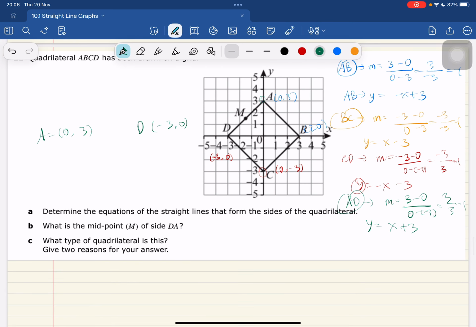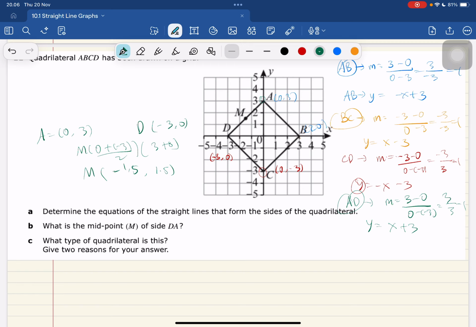So we'll find the midpoint M: 0 plus minus 3, divided by 2, and then the second coordinate, 3 plus 0, divided by 2. So the midpoint is minus 3 over 2, which is minus 1.5, and 1.5.